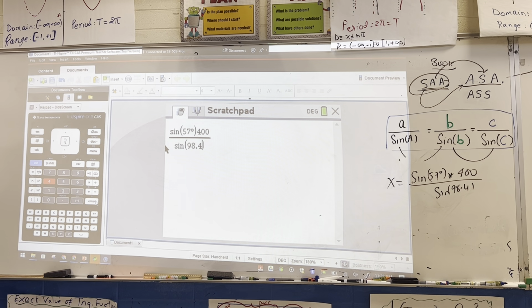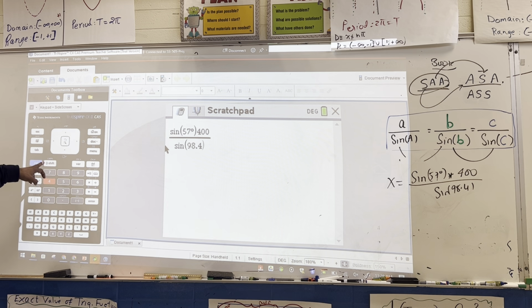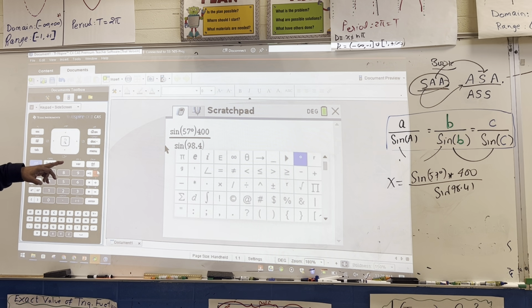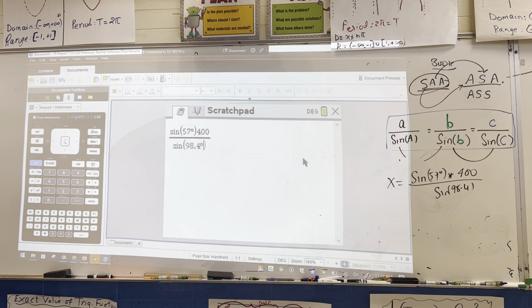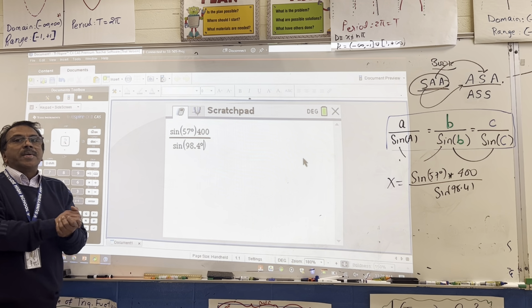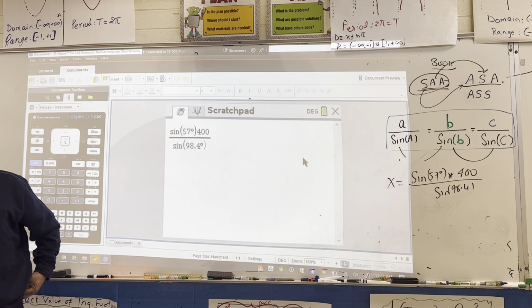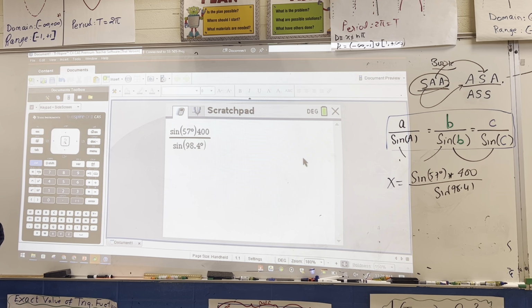No degrees on that one? You have to put that one in degrees too, right? Oh yeah, I forgot about this. So click on control and that key, and click again here. See that? The small zero there. Or you could make everything in degrees, and then you don't have to do it all the time. Last time I showed you, go to the settings and change the whole document. And then we press control enter.